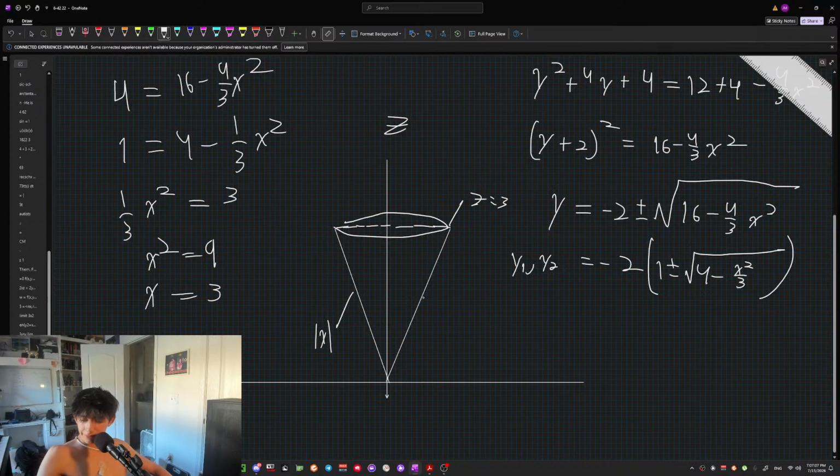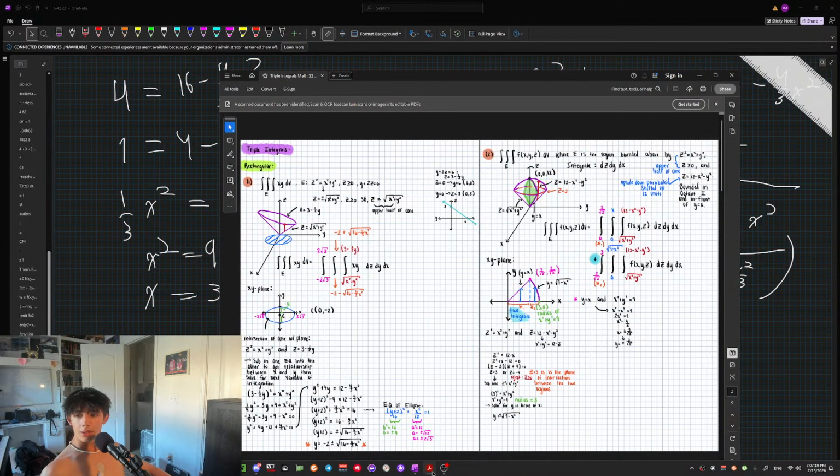I just don't know. Because if x equals 3 and we need z to equal 3, right? But... It's like, how do you get that as the intersection of the cone?